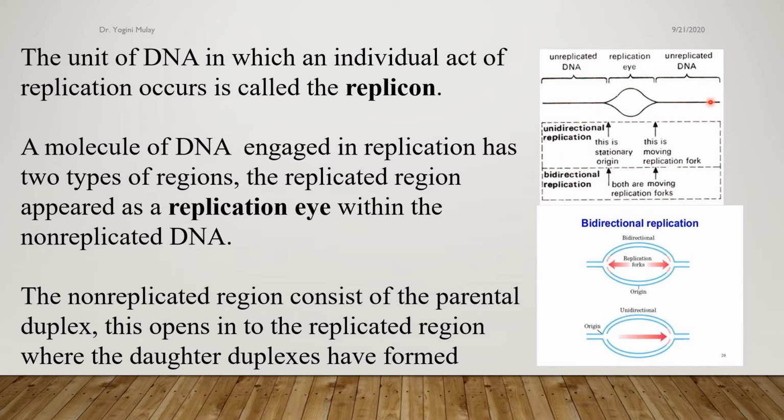So what I was telling you is that whenever a molecule of DNA engages in replication, it has two types of region. Now these two types of regions are unreplicated DNA and replicated DNA.